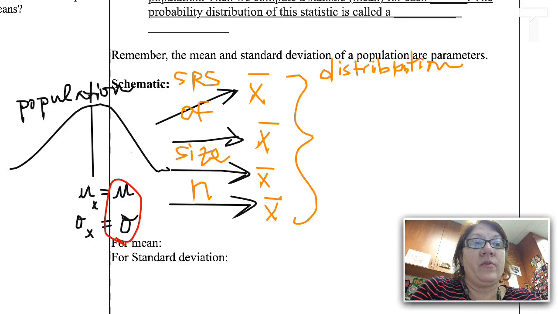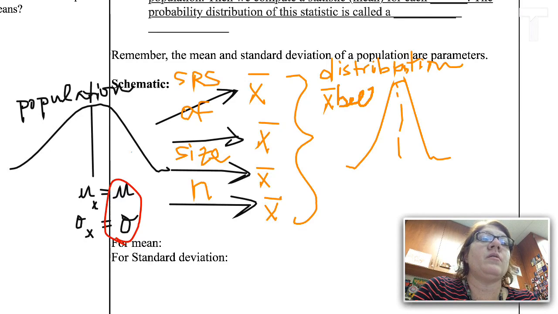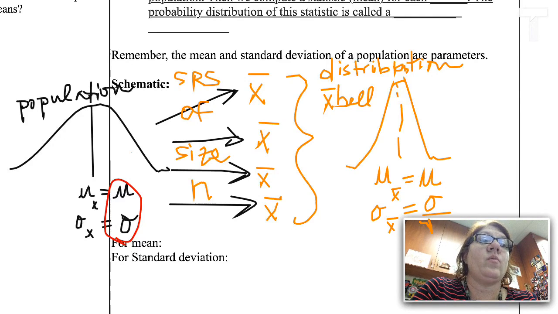We would start with a histogram, and it would look like the blue graph on the Rice University lab. It would have a center called mu of x bar, which we know is equal to the population mean, and it would have a standard deviation for x bar, which we know the formula for as well.